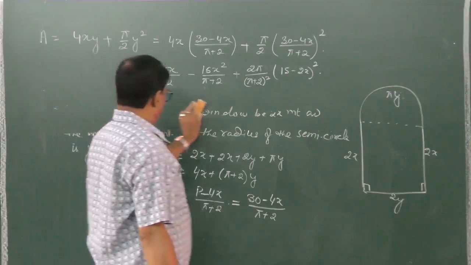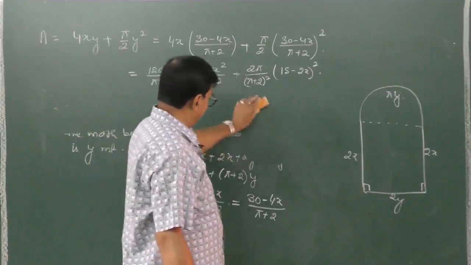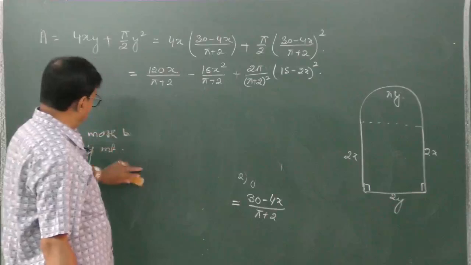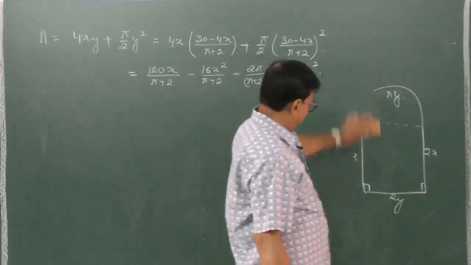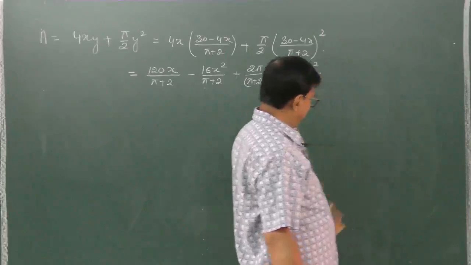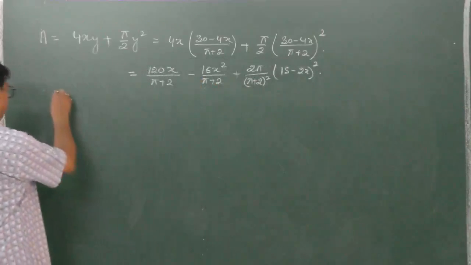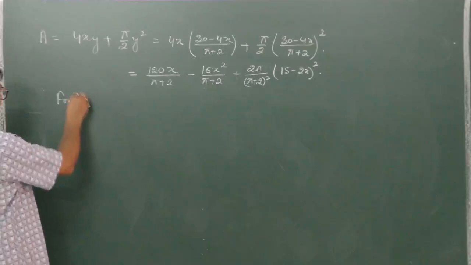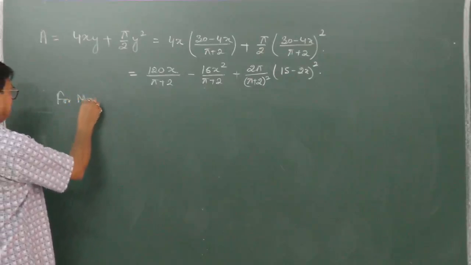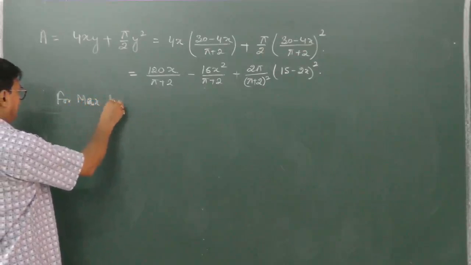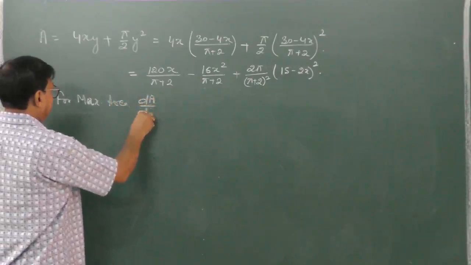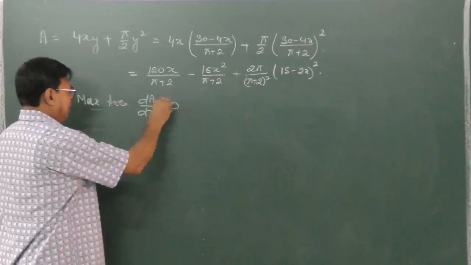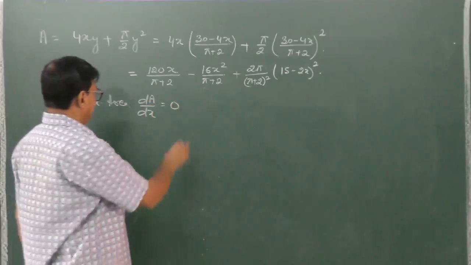Now for maximum value, or maximum amount of light to pass, the area has to be maximum. So for maximum area, dA by dx, A is a function of x, has to be 0.